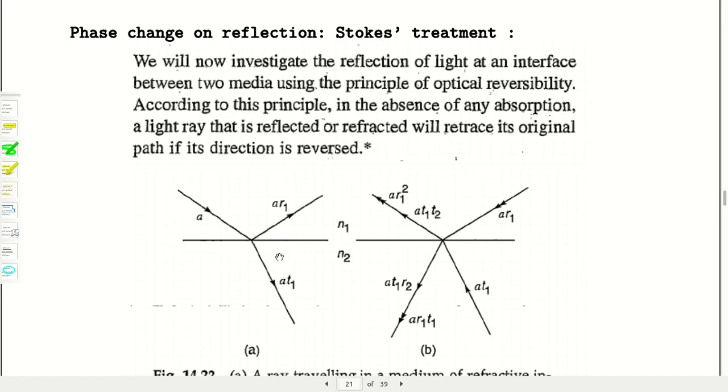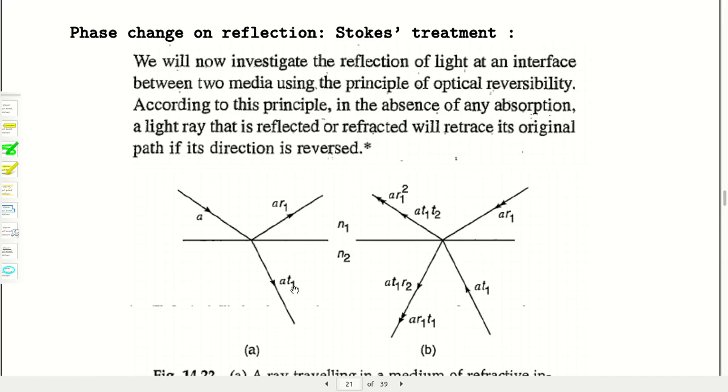Here the picture shows two different media, one of refractive index N1 and the other of refractive index N2, and the interface is shown over here. A ray of light with amplitude A is incident on the interface and it gets reflected as well as transmitted or refracted.